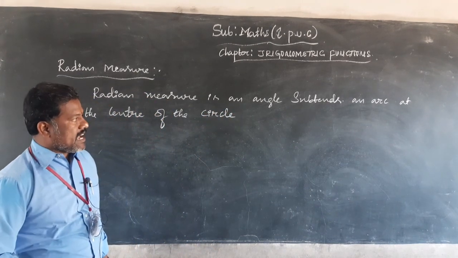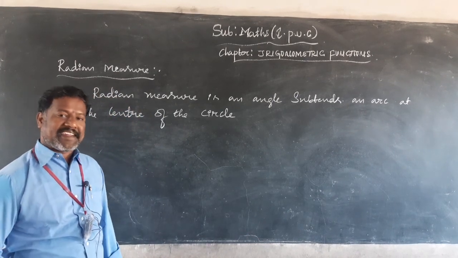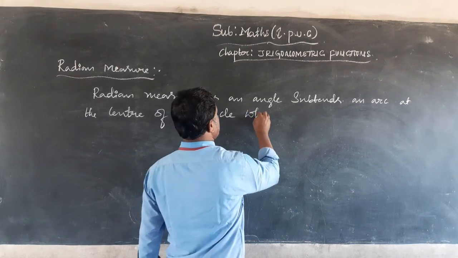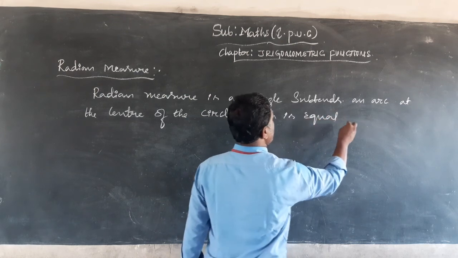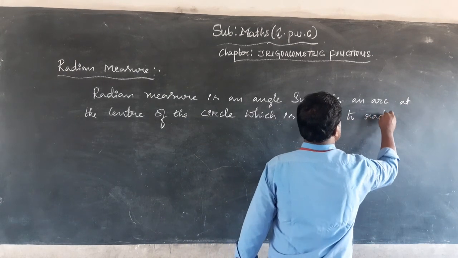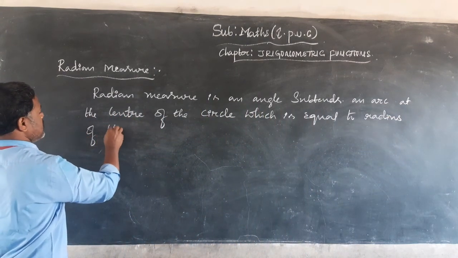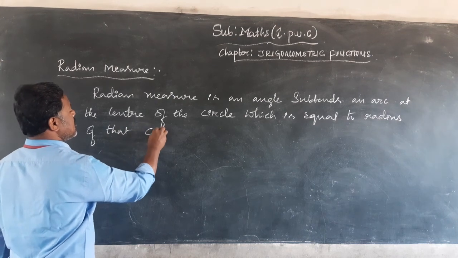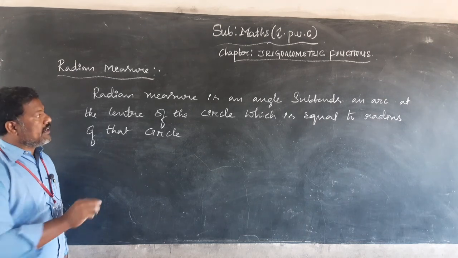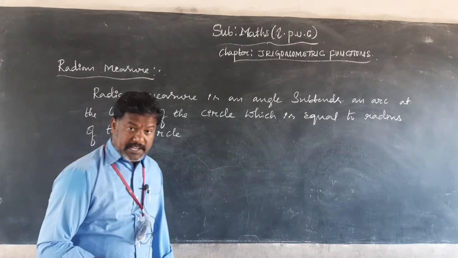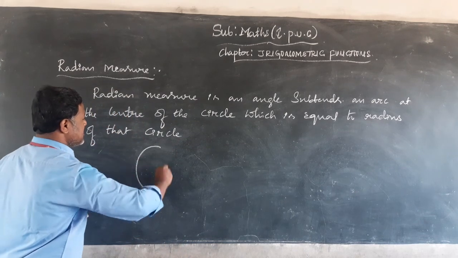Radian measure is an angle subtends an arc at the center of the circle which is equal to the radius of the circle. Understand children? Radian measure is an angle, subtends an arc at the center which is equal to the radius of the circle.